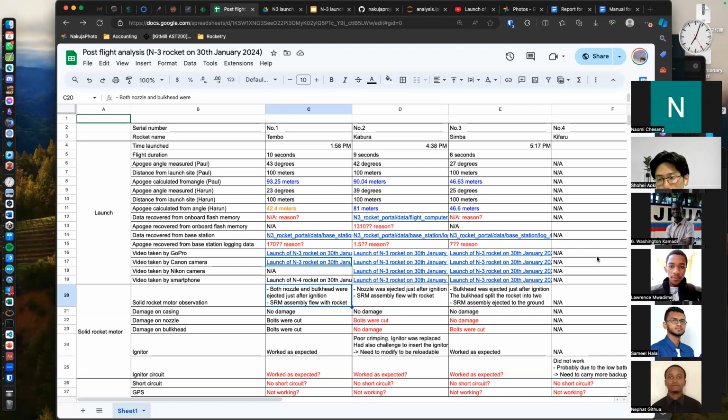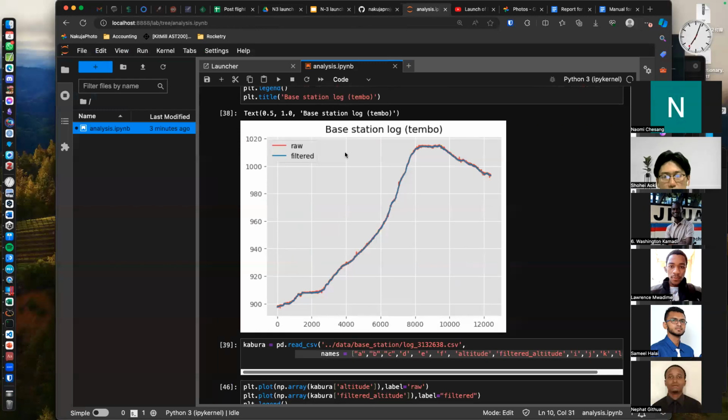Yes, I think this was also raised by Mohammed or someone else, because of this graph. The base station log for the Tembo seems to be working. However, the issue is that the signal is lost at this point. This point is after the apogee, so this is the free fall stage.